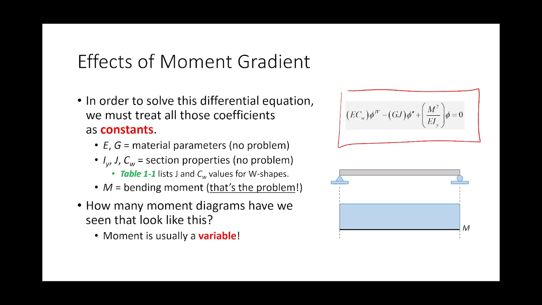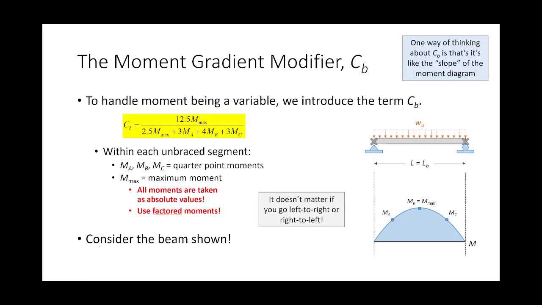But in order to come up with this nice, pretty equation, I had to treat moment like a constant. That's wrong, okay? Does that make sense? Moment has a gradient. Moment varies along the span. So what that means is I need to develop a means of correcting my solution to account for gradient moment.